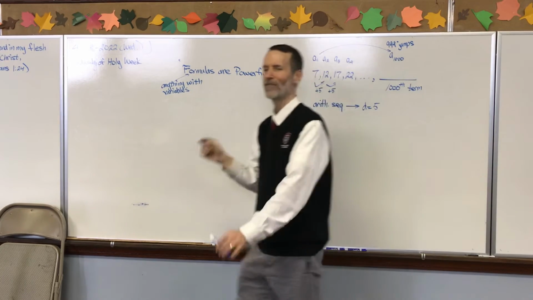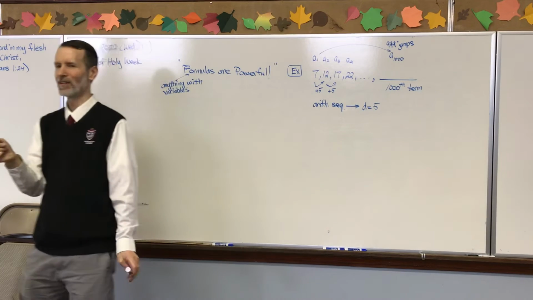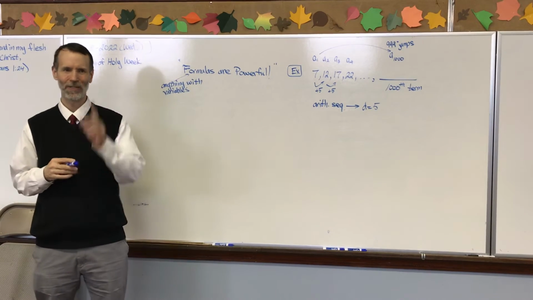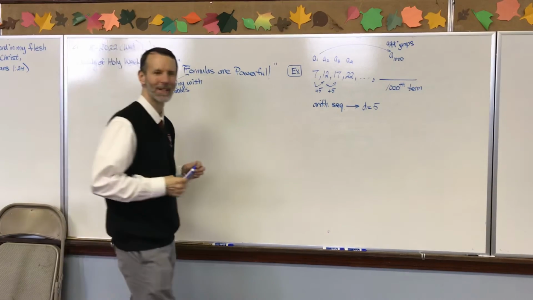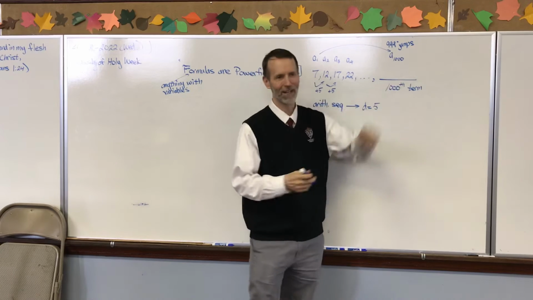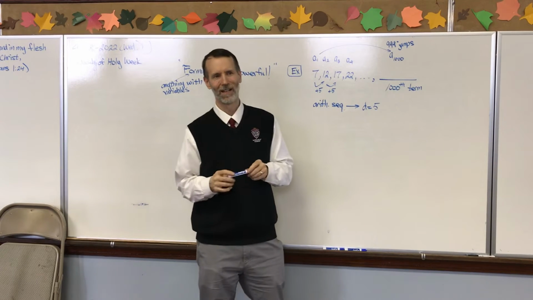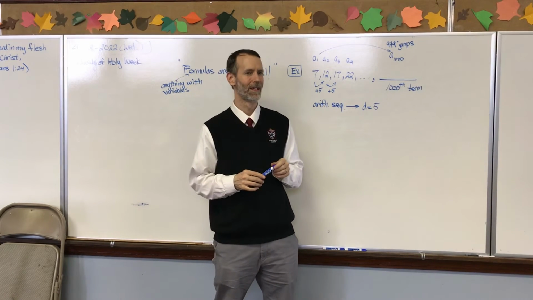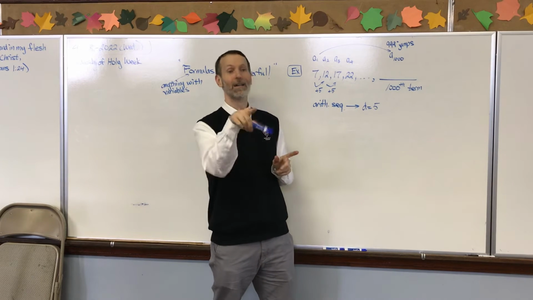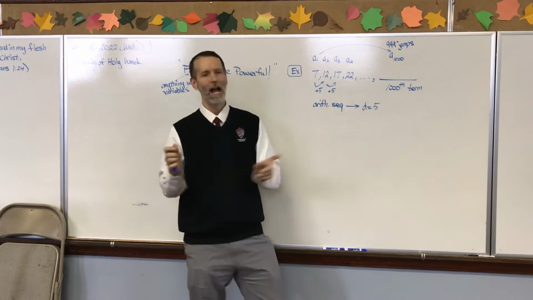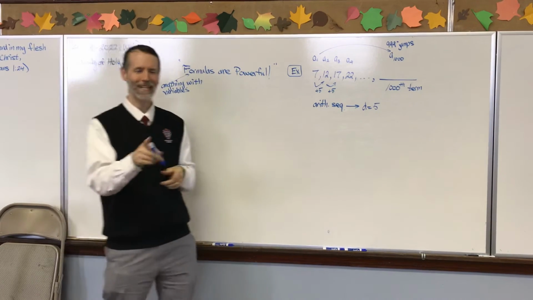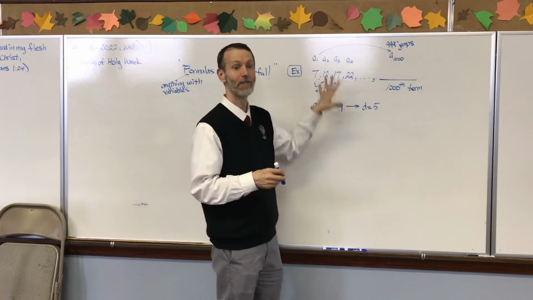Every time you add 5, that's one of the jumps. How many jumps total? 999. How big is each jump? What are they adding each time in this problem? 5.